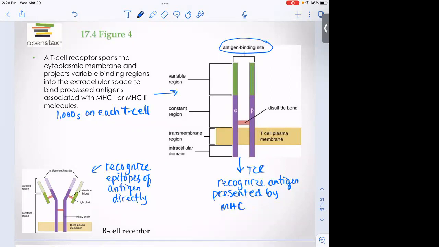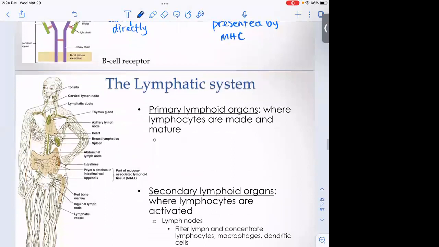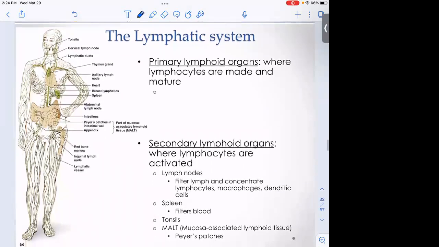All right, so before we move to think about how that activation will take place for the T cells and the B cell, there's one other piece that I want to talk about, and that's a little anatomy.